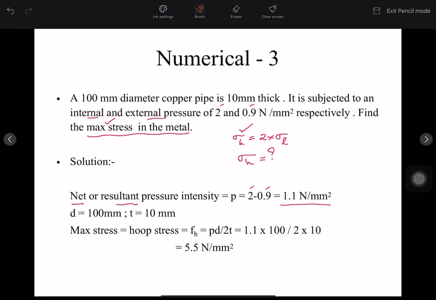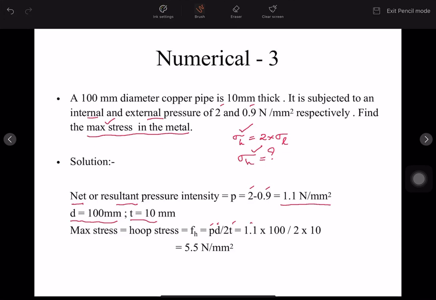D he has given already, 100 mm, and T is 10 mm. So the maximum stress I have mentioned earlier, which is hoop stress sigma h or Fh, is equal to PD by 2T.